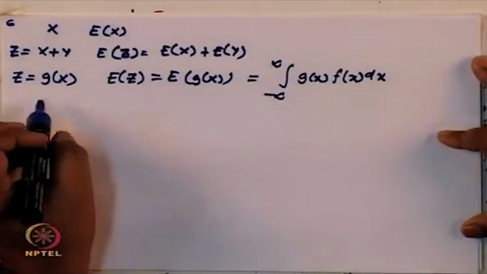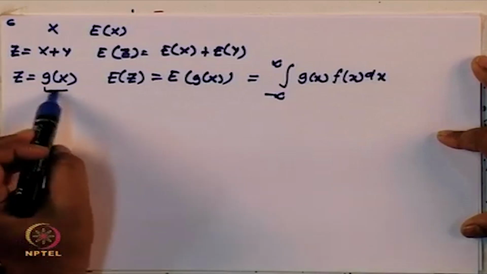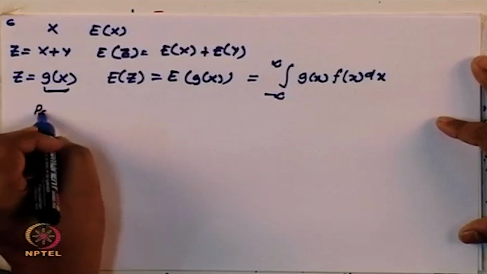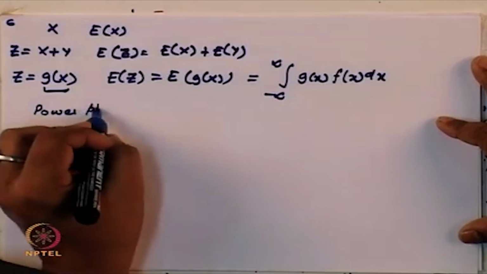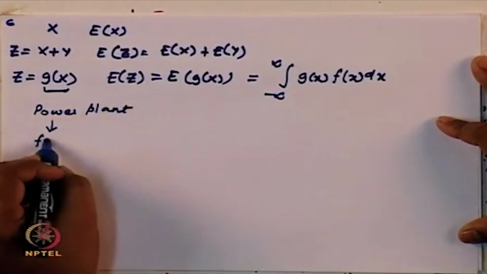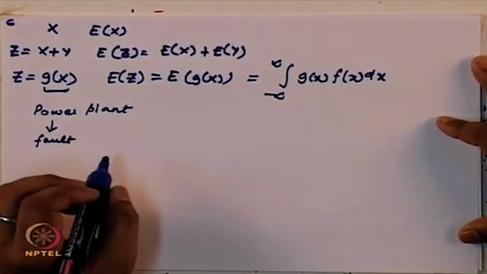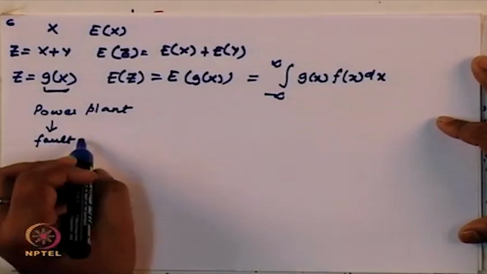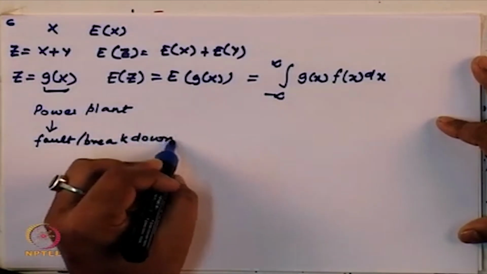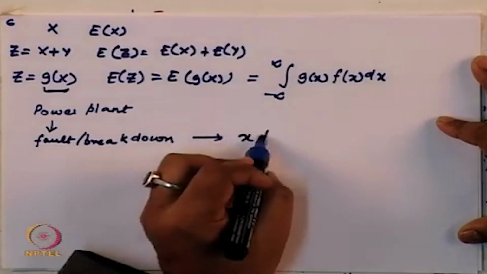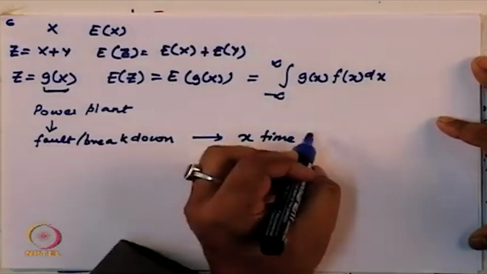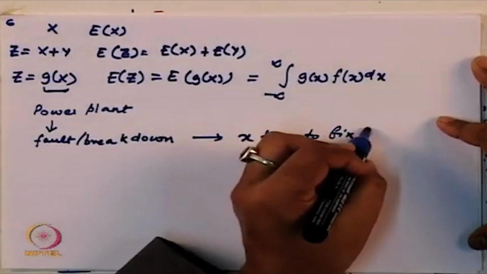Okay. So, let us take one simple example of how you can calculate expectation of a function. So, let us say in a power plant, when there is a fault or breakdown, it takes X amount of time to fix the fault.